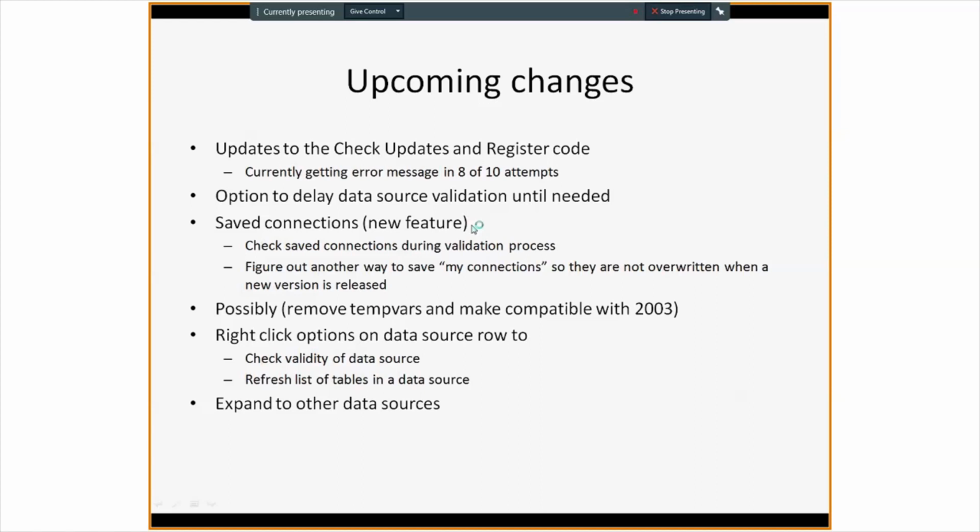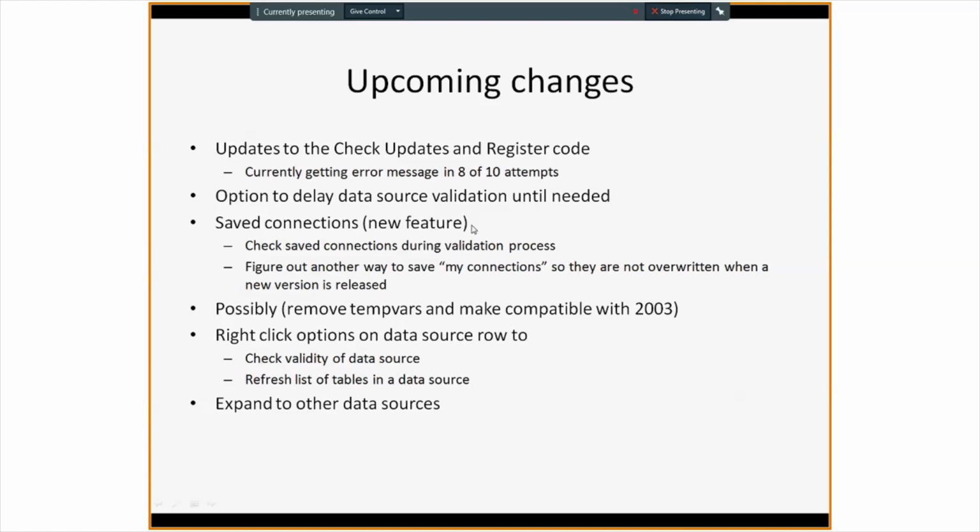So what I want to do is modify it so that when you're checking the data sources, if they don't have the full connection strings, I'm going to check in the saved connections and see if that connection is there, and if so, I'll use the user ID and password that are saved to test the connection and see if it's valid or not.